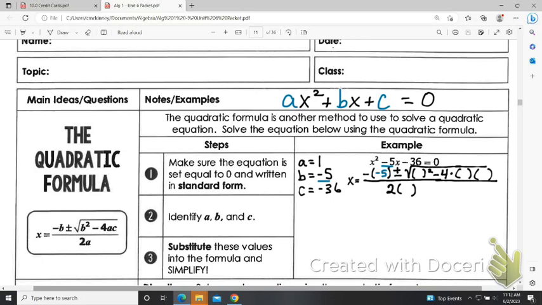So where I've put all those little blanks are all the things that are b's. I put one of them in already. Negative 5 goes here.